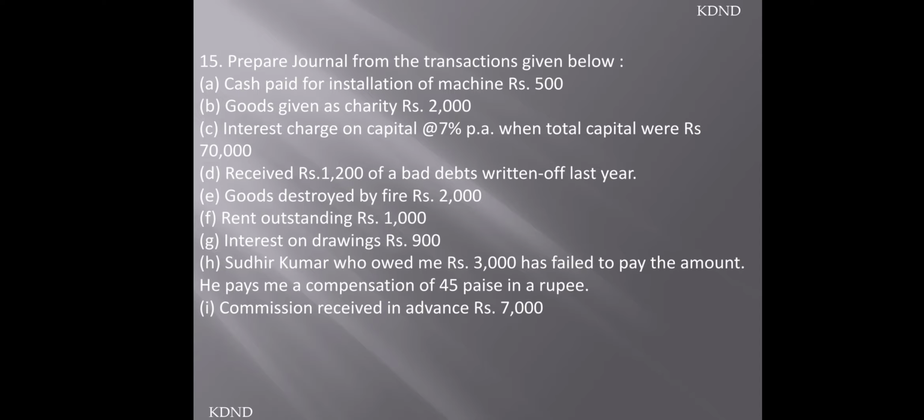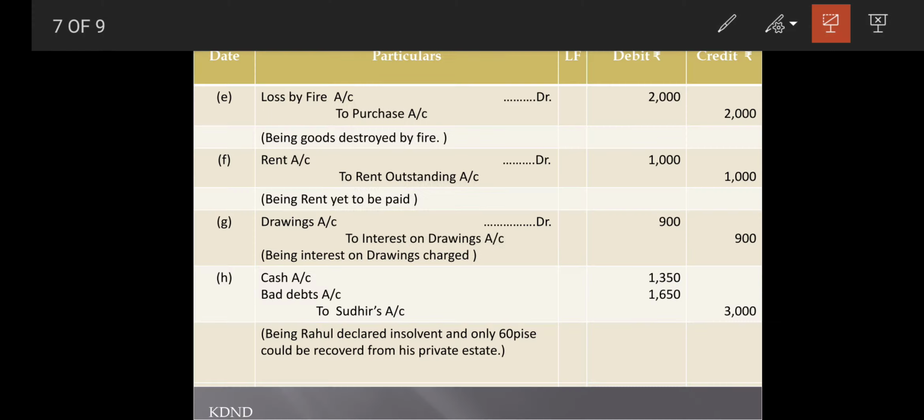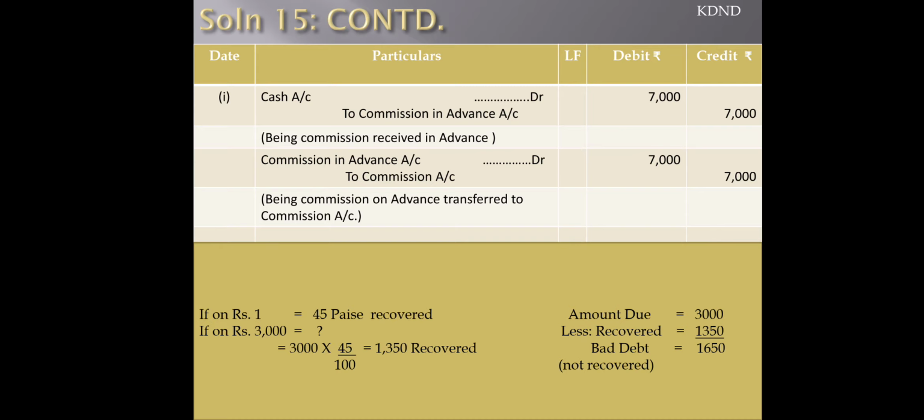So here your entry goes: cash account debit, bad debts account debit to Sudhir. And the narration will be: being Sudhir declared insolvent and only 45 paisa could be recovered from his private estate.